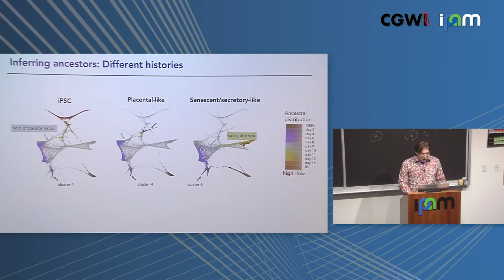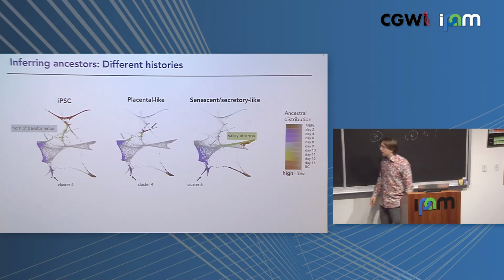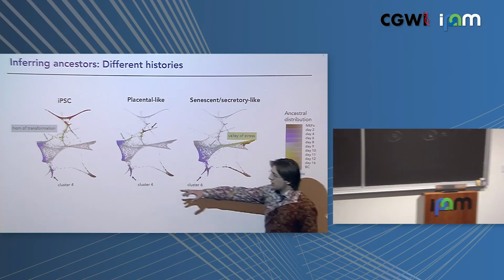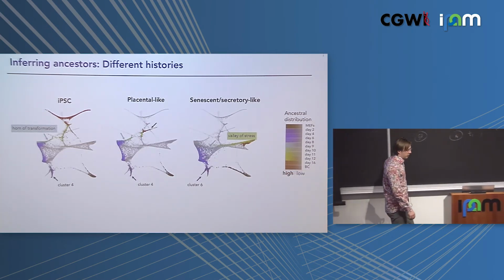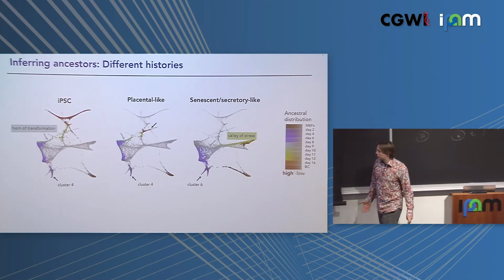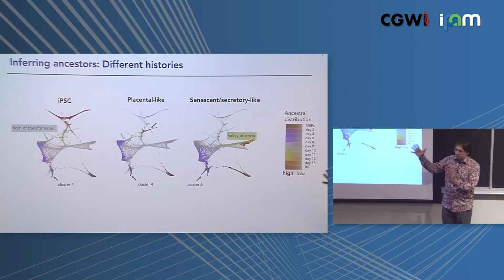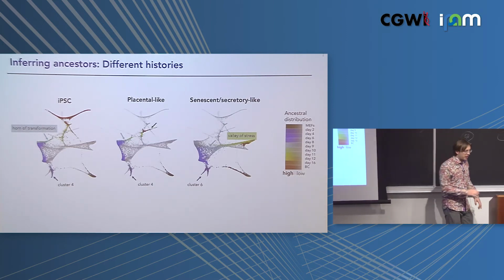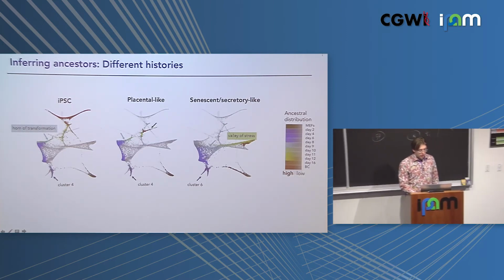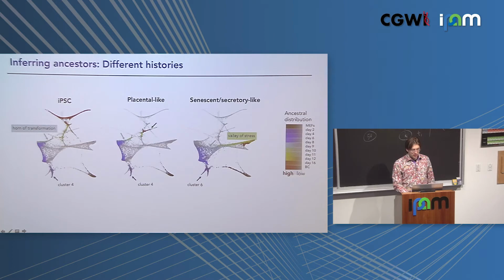And we can use the transport maps to identify trajectories. So we believe these cells that successfully turn into iPS cells come along this path, and we can just take the transport map and propagate this distribution back in time, starting from the uniform distribution on these red cells, which is just a subpopulation of the final time point.